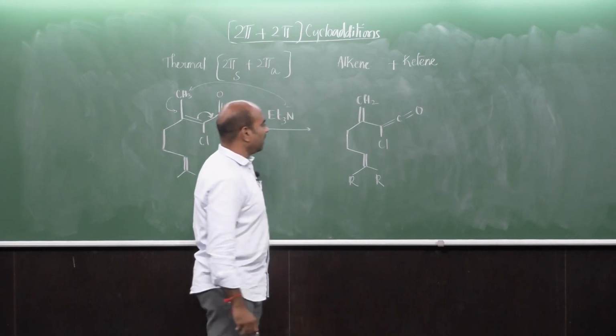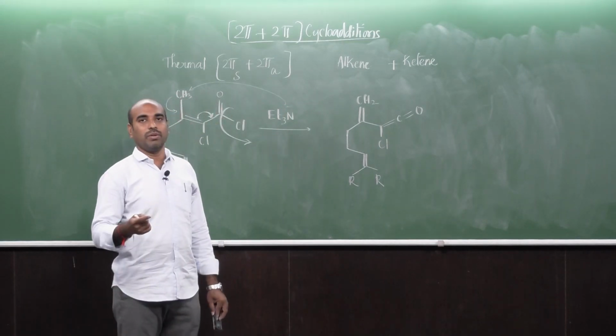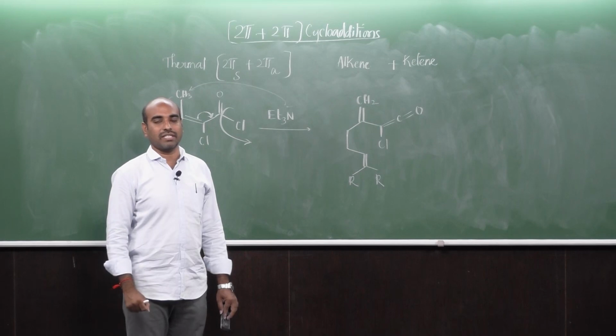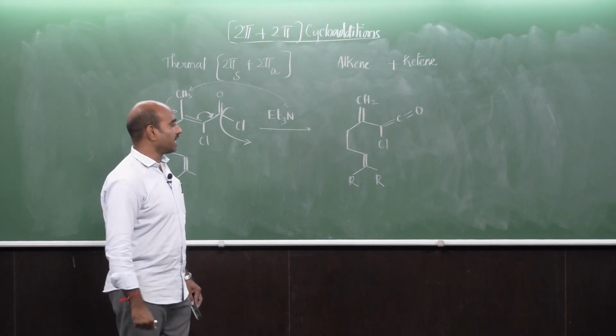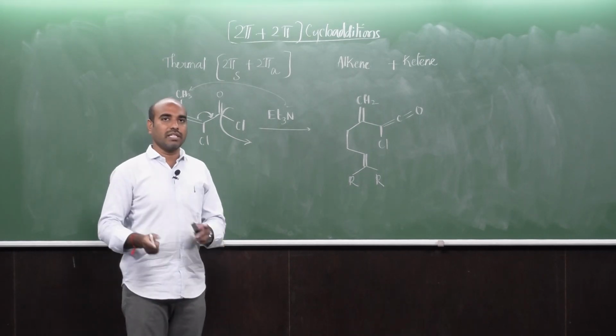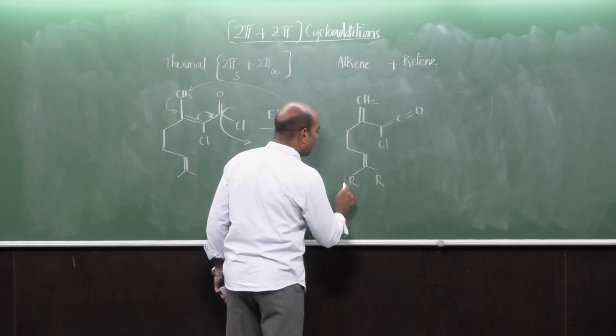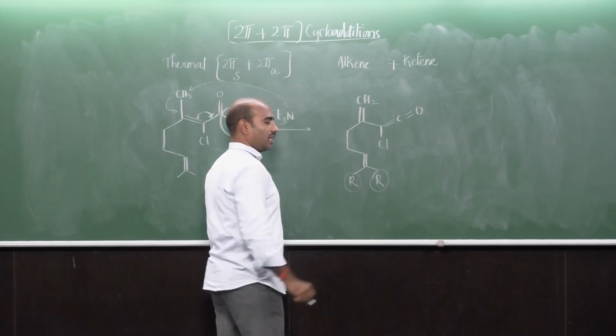So, this ketene can now undergo intramolecular cycloaddition reaction, and the type of product will certainly depend upon the R groups here.